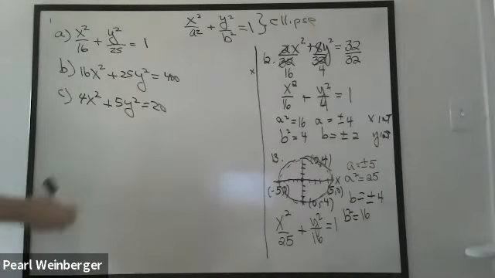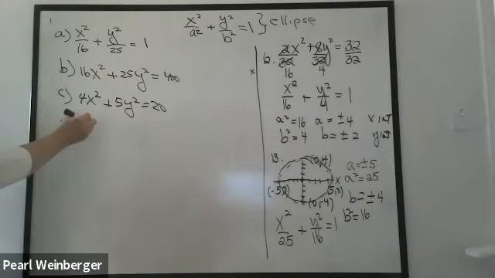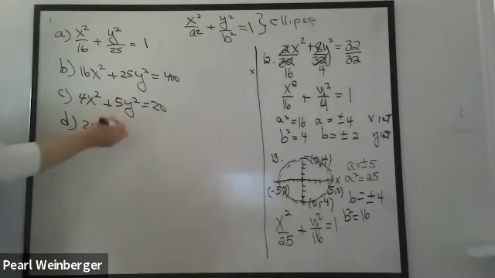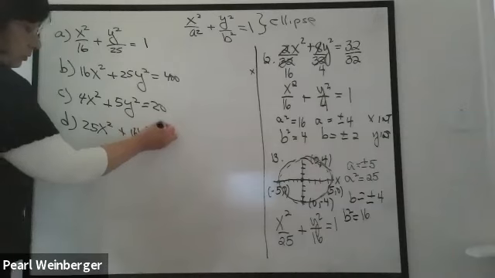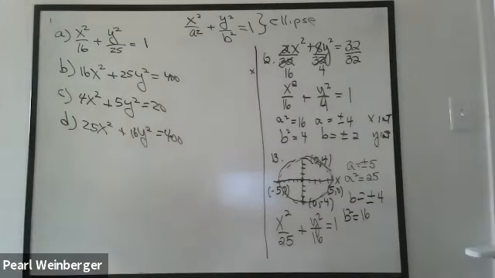And 25x squared plus 16y squared equals 400. And these are the choices they gave you.